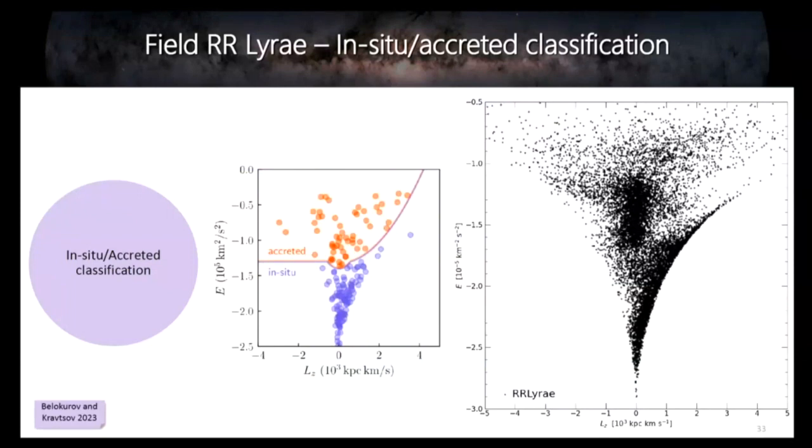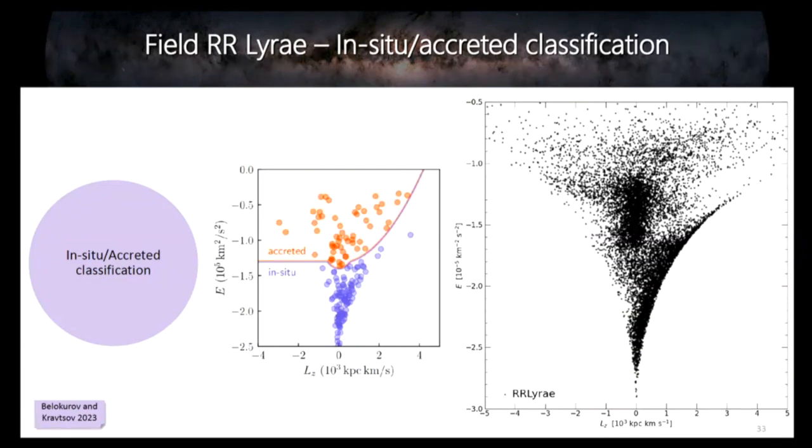Okay, this plot comes from the Belokurov and Kravtsov paper about the globular clusters, and we can note that there is the same shape separation, because we can note the central bulk and the most dense region on the right side.